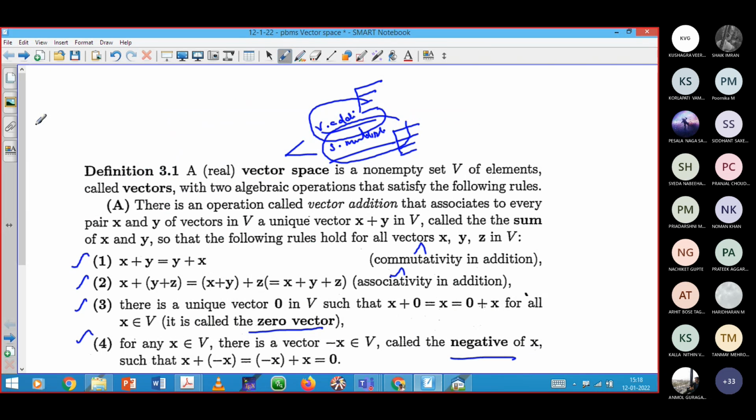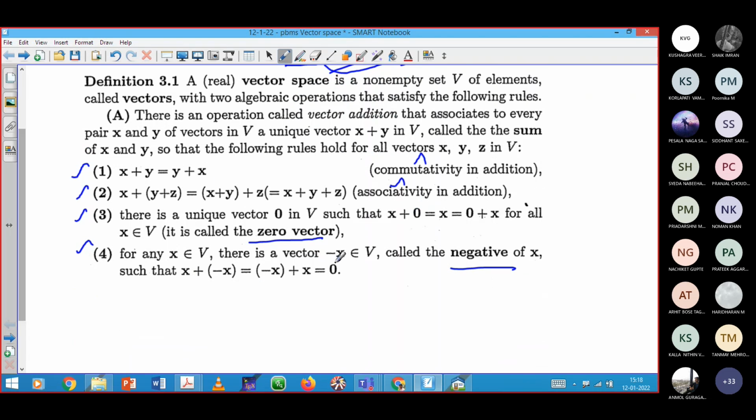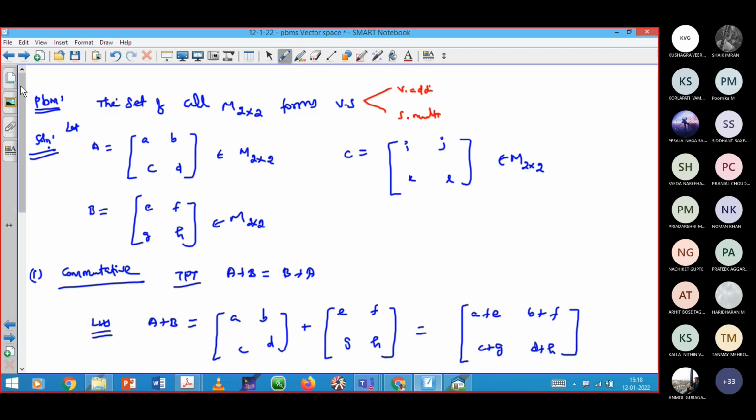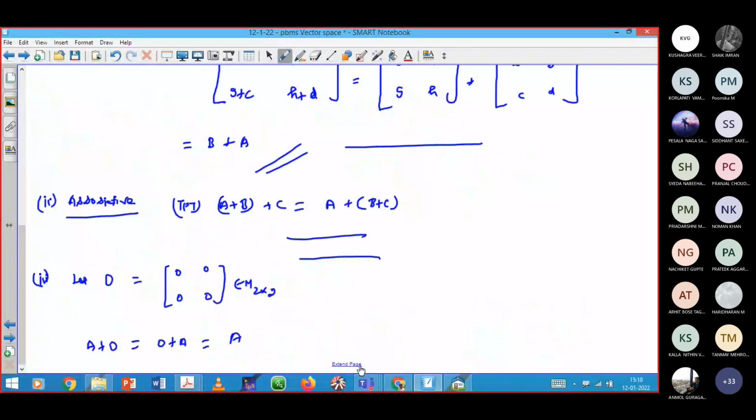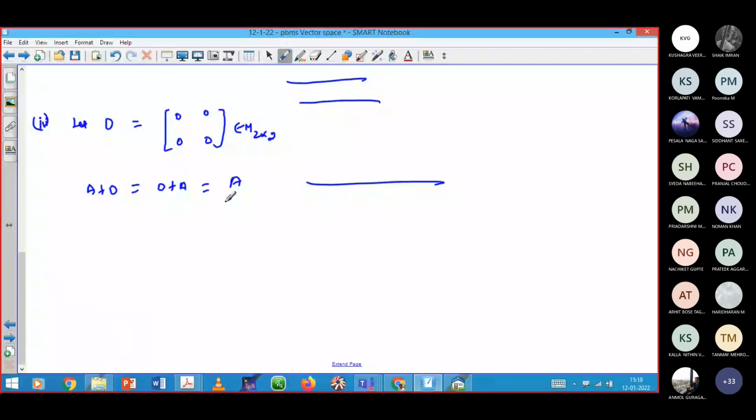The last property to check, to close the vector addition part, is the negative vector property, which is x plus minus x. So you can write here that the zero vector property is proved.